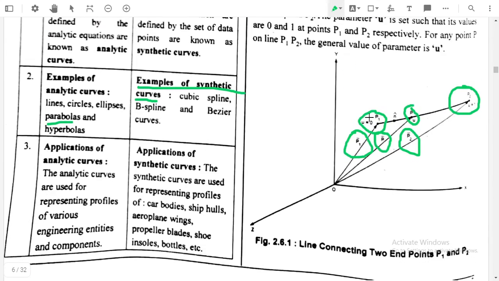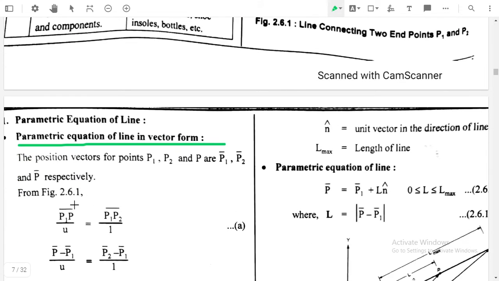Here at P1, u is equal to 0, and at a point P, u has some value we don't know, so we have taken the ratio: P1P bar upon u is equal to P1P2 bar upon 1.